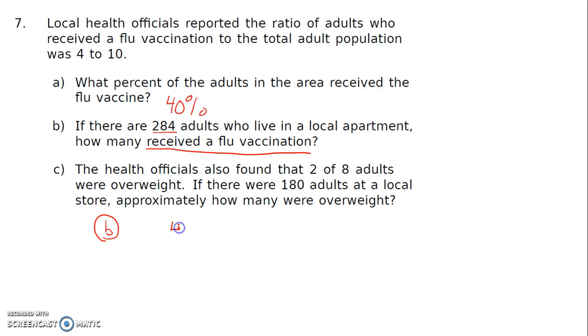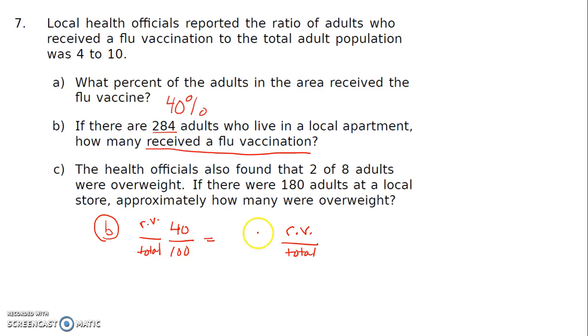So if now we know 40 out of every 100 adults receive the vaccination, the top part is those that receive the vaccination. The bottom part is the total or the whole. And here, 40% is the amount that received the vaccination. 100% is the total percentage.